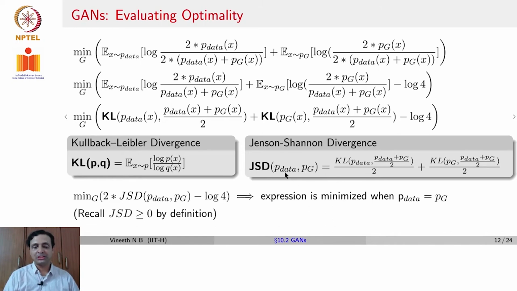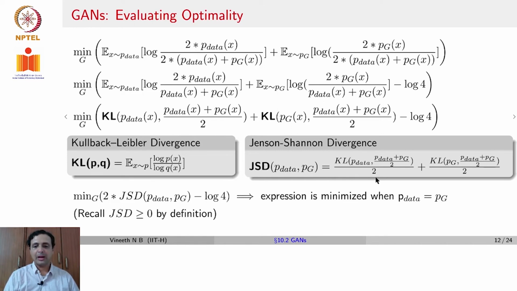given two distributions p data and pg, the Jensen-Shannon divergence between those distributions is given by KL of p data with p data plus pg by 2, plus KL of pg with p data plus pg by 2, all by 2. So this would be the Jensen-Shannon divergence between these two distributions, which means now we can replace these KL divergences here.